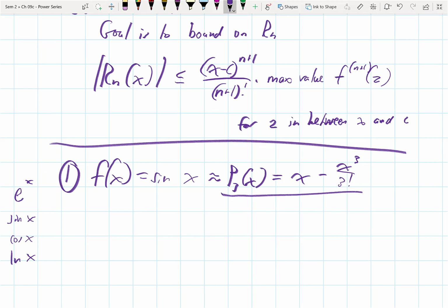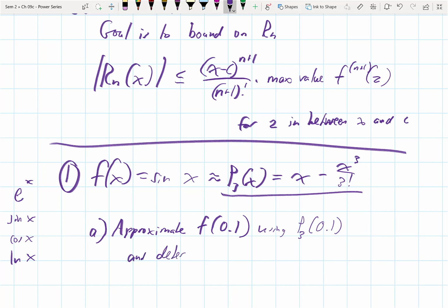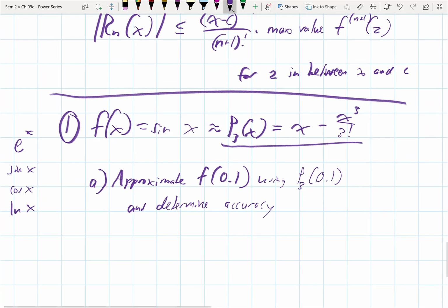So coming back to this, step A is that we want to approximate f of 0.1 using p sub 3 of 0.1 and determine the accuracy of this approximation. The first part is easy.